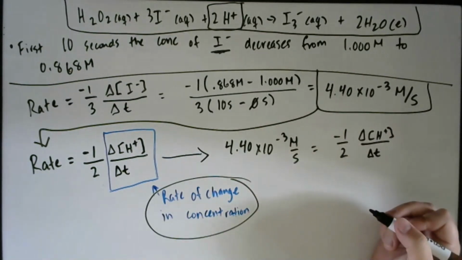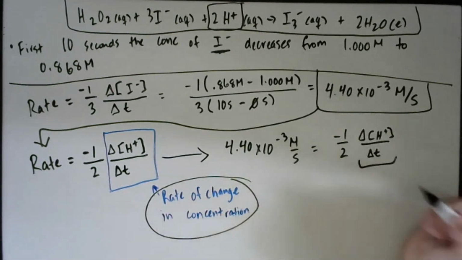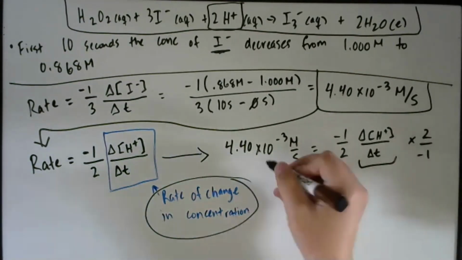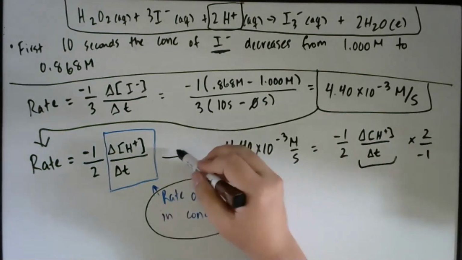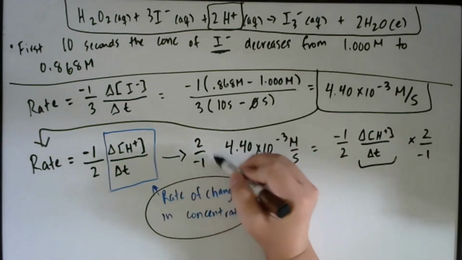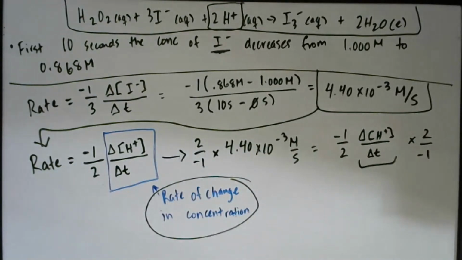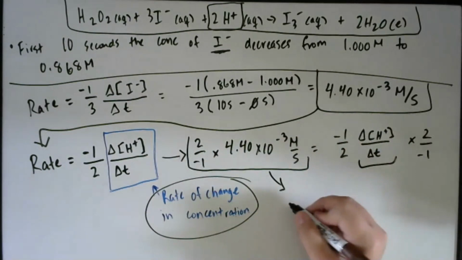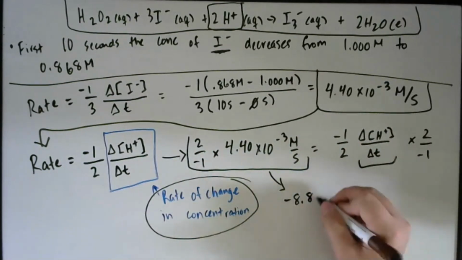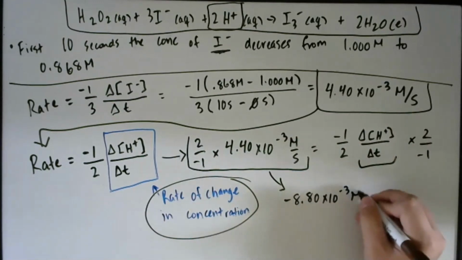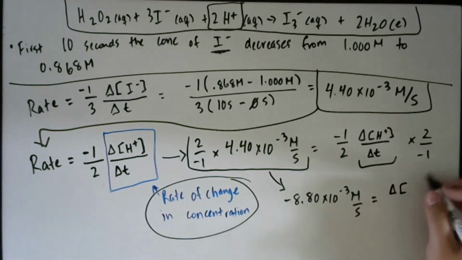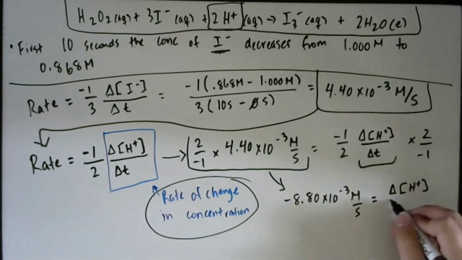Now I'm going to just use some algebra to isolate this term. So I'm going to multiply this side by 2 over negative 1, and this side by 2 over negative 1. The average rate of change I'm going to get for the hydrogen is going to be negative 8.80 times 10 to the negative 3 molarity per second, and that is going to equal the rate of change in the concentration of your hydrogen ions.